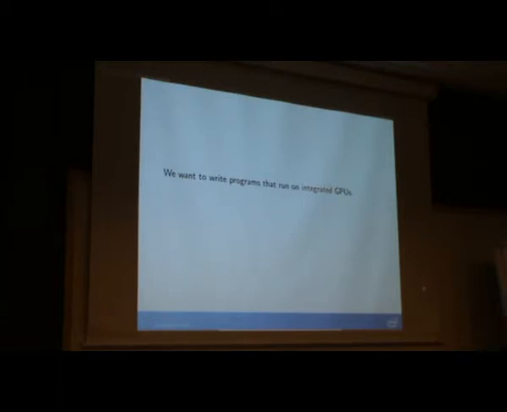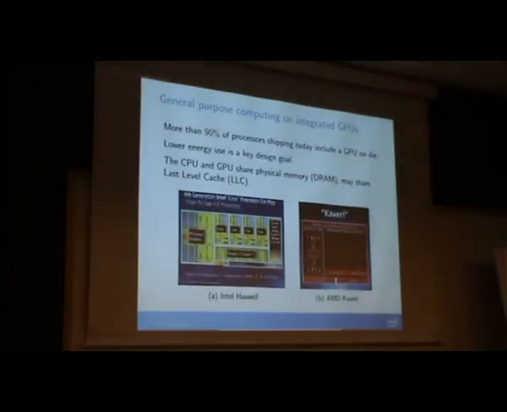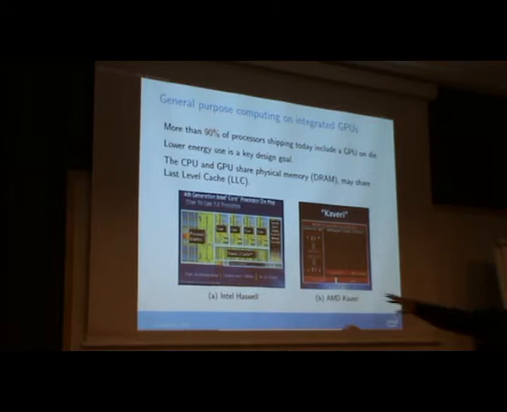It's because integrated GPUs are everywhere. They require much less energy than the usual CPUs. And also, if you look at these diagrams, they are actually taking a much larger place on die.